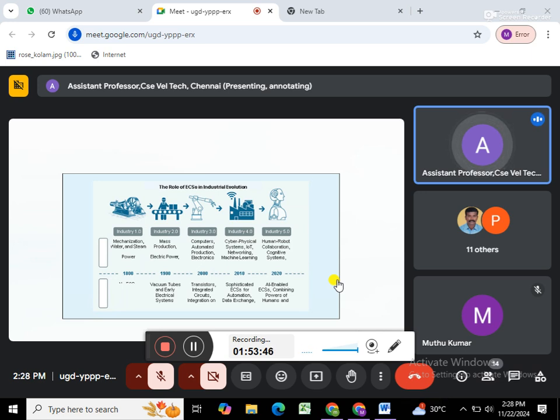Whenever we are using this technology, it is not restricted to a single domain. Now the situation is that every domain should be interconnected. Interdisciplinary research is gaining more popularity. Every domain should have an idea about other domains and know how to address their problems.